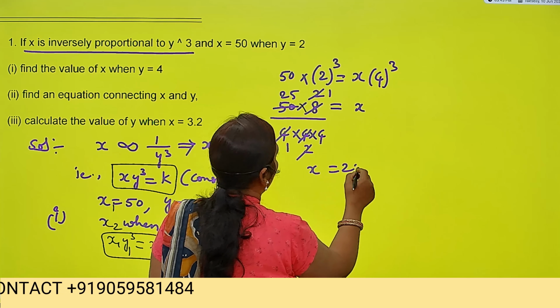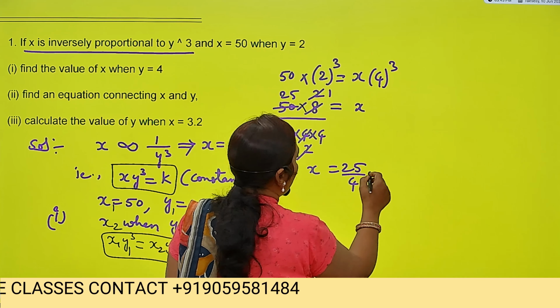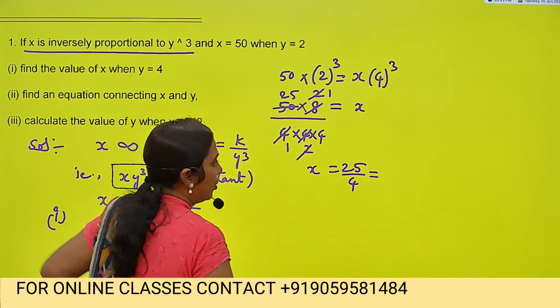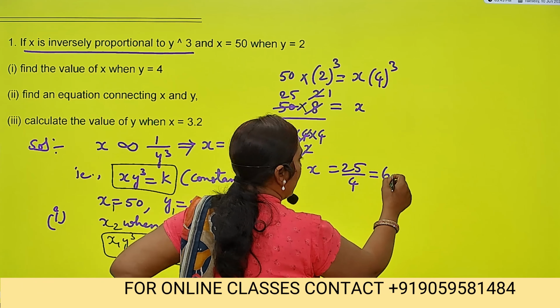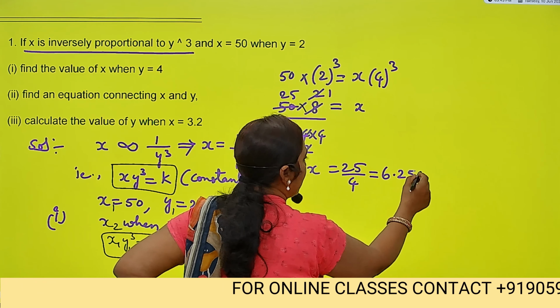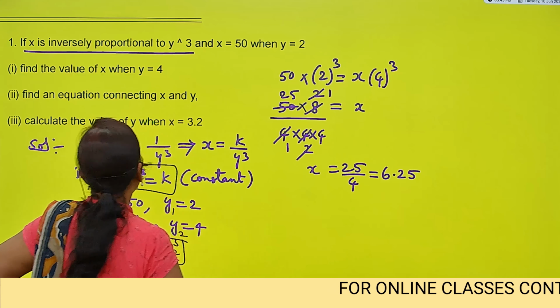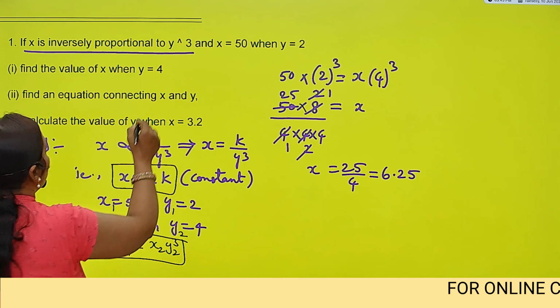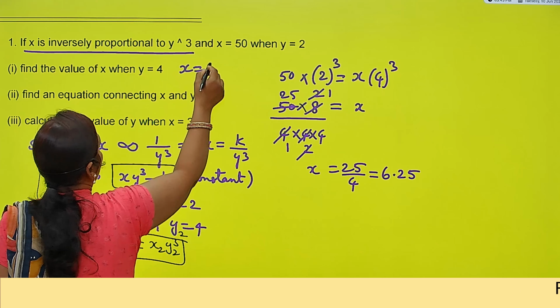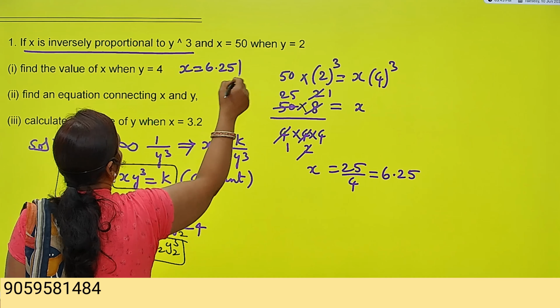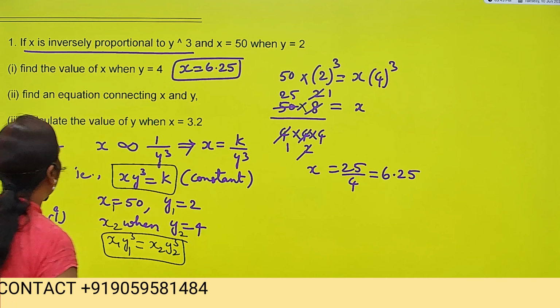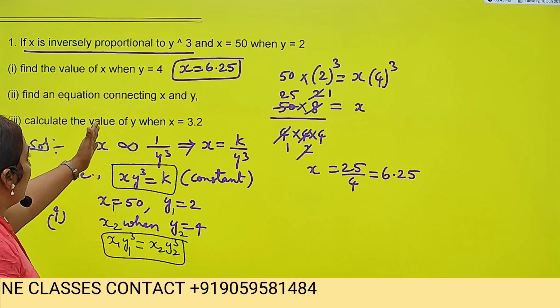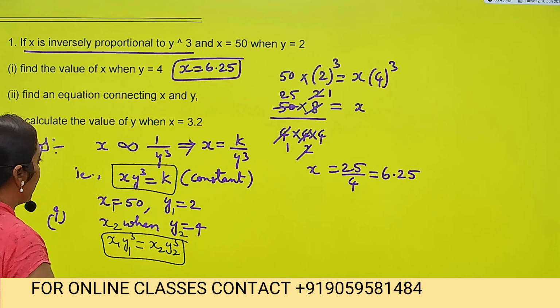X equals 25 over 4. It is equal to 6.25. That is the x value. Find the value of x: x equals 6.25.